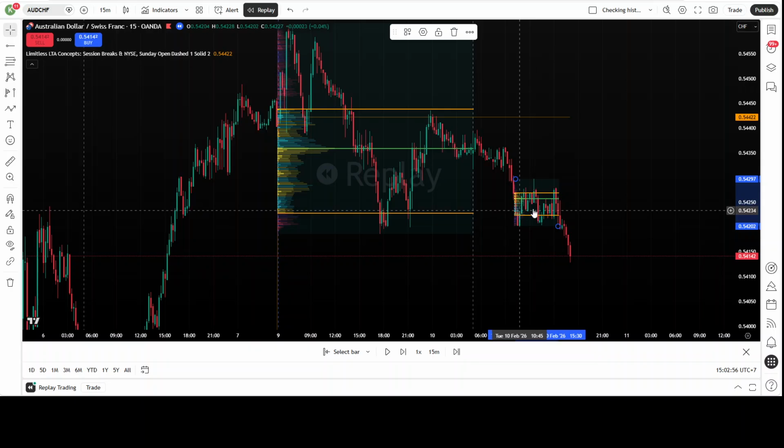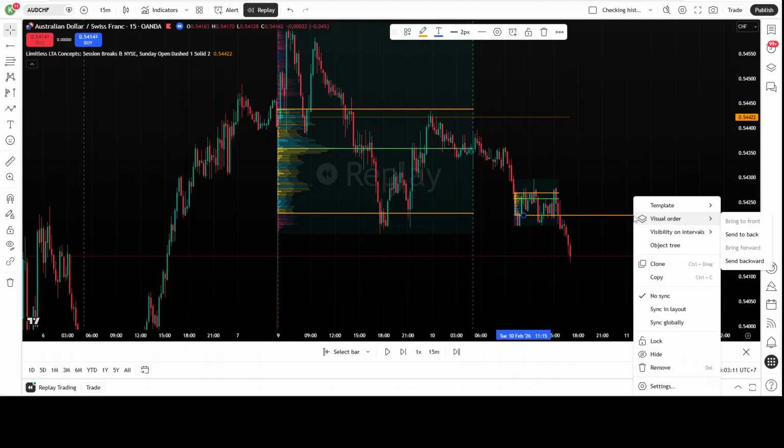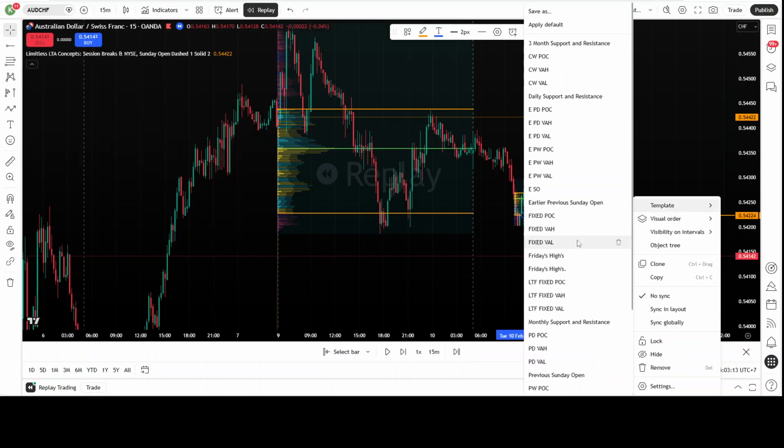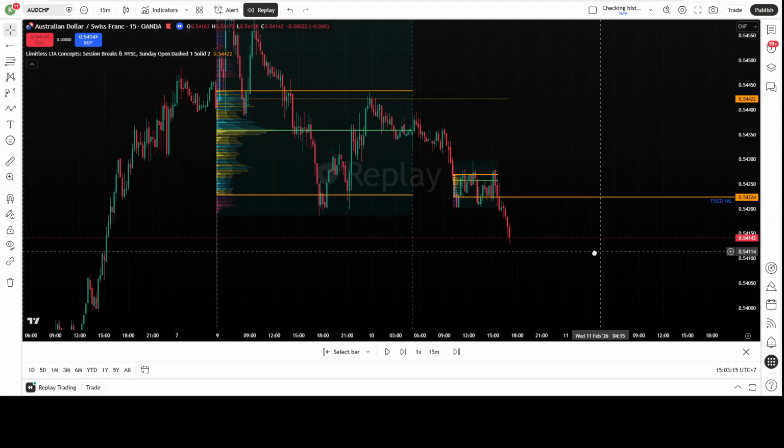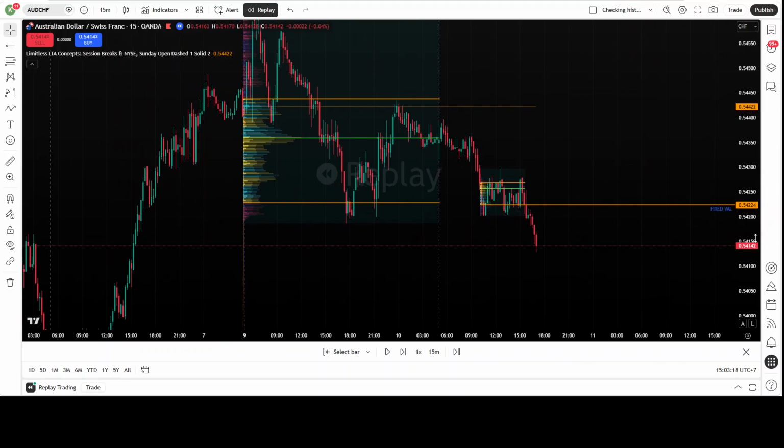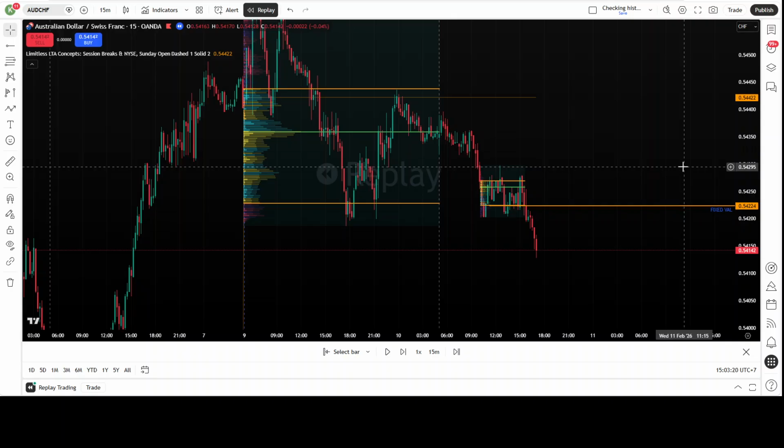This is not the biggest fixed range, but it's still a fixed range. You can see here, this is the previous day value area low right here. Just for this video, I just want to draw out this fixed value area low. I could also say the lower time frame fixed value area low, but I'm just going to say fixed value area low here.